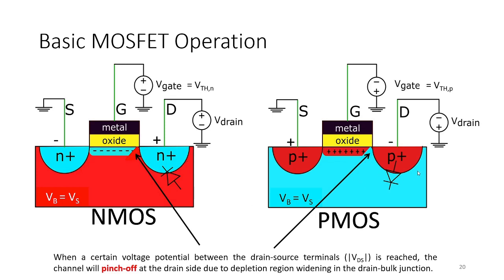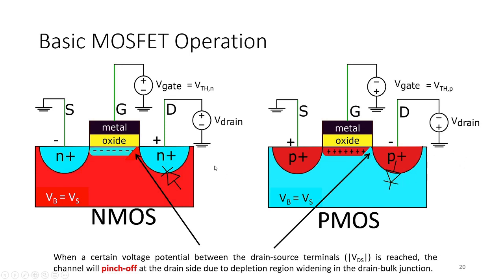Same concept here, because you are biasing this PN junction in its reverse mode, you increase the depletion width at this terminal.